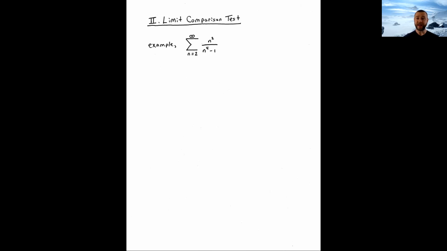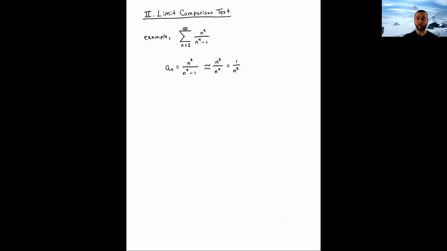All right, let's start with an example just so we can have an idea why you would want another test. Let's say we have an infinite series here where the term is n squared divided by n to the 4th minus 1. And notice the starting index here starts with n equals 2.